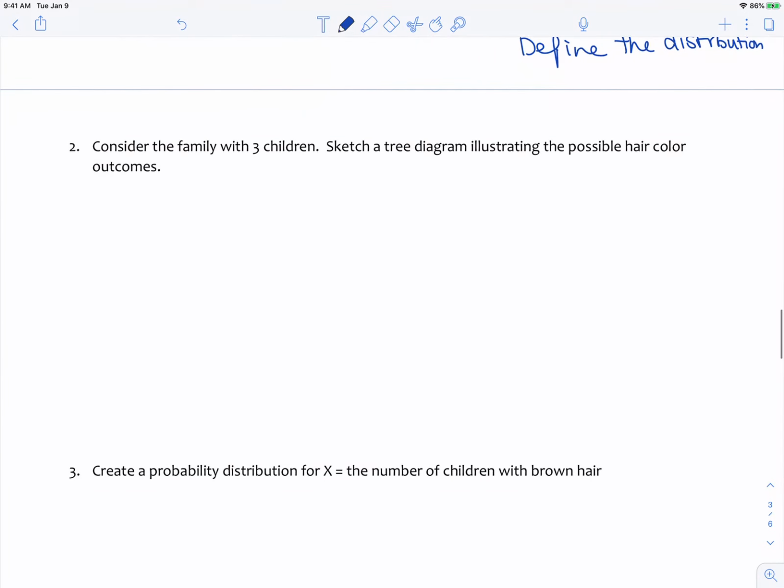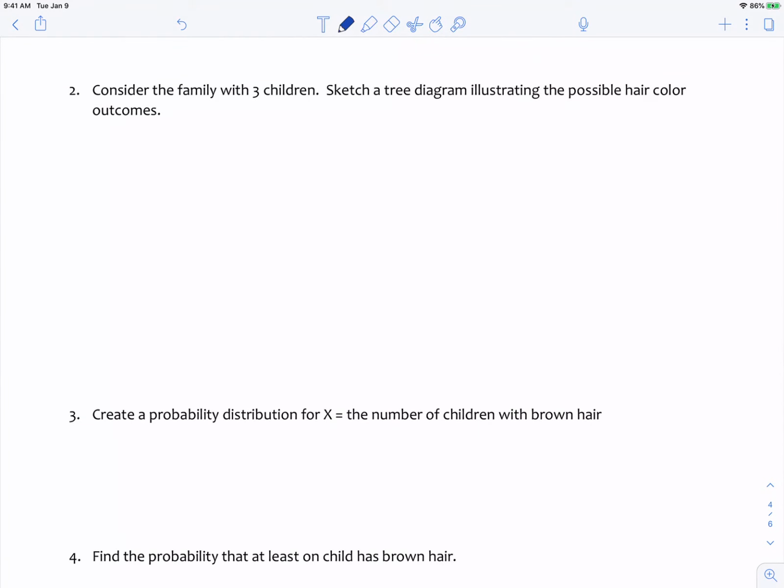All right. Consider the family with 3 children. Sketch a tree diagram illustrating the possible hair color outcomes. All right, so we have 3 children. They could either have brown hair or not brown hair. That would be the first child. Then the second child could have brown hair or not brown hair.